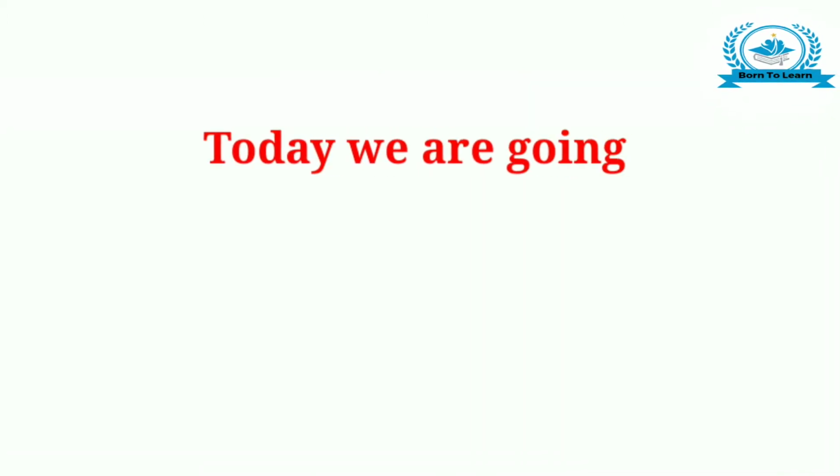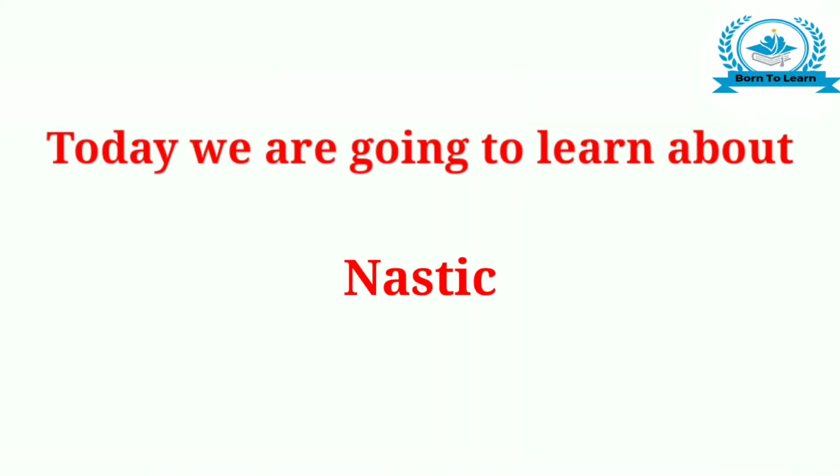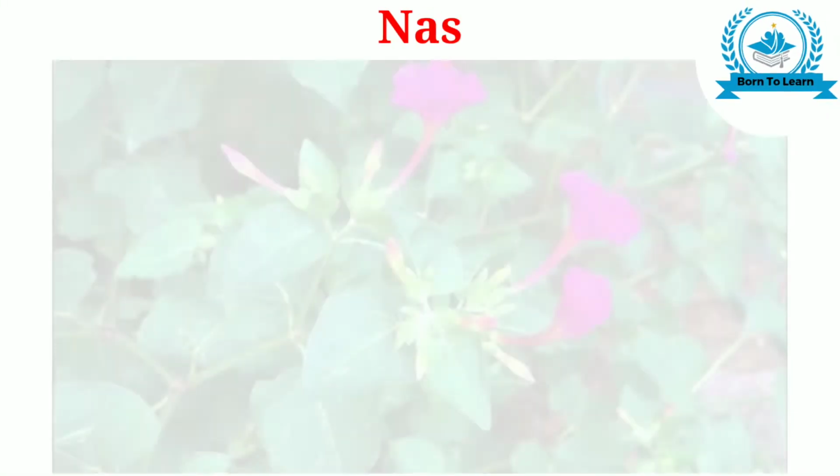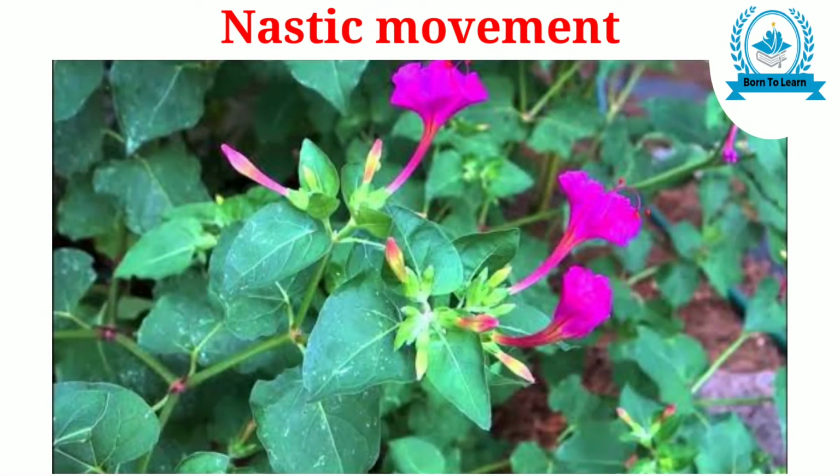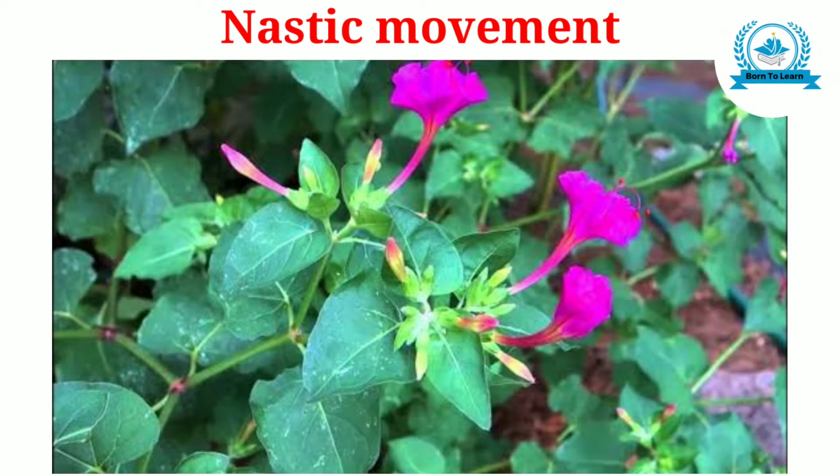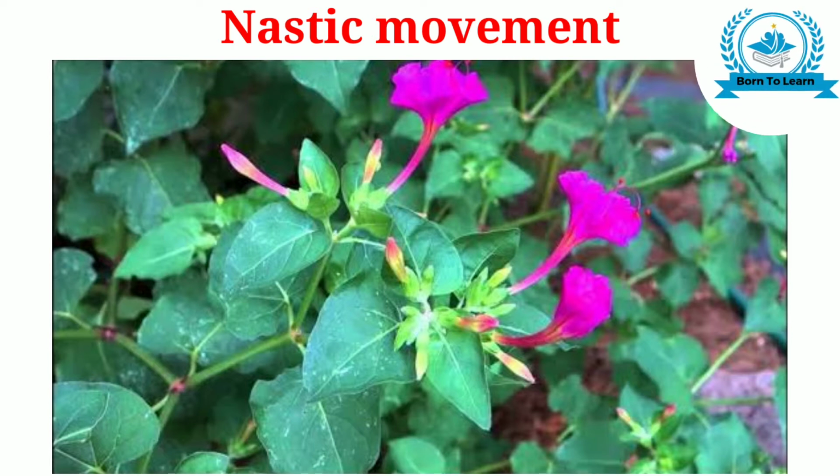Today we are going to learn about Nastic movement. We have just studied that in tropism, a plant part either moves towards the stimulus or away from the stimulus. However, in some plants, the movement of a plant part is neither towards the stimulus nor away from the stimulus.